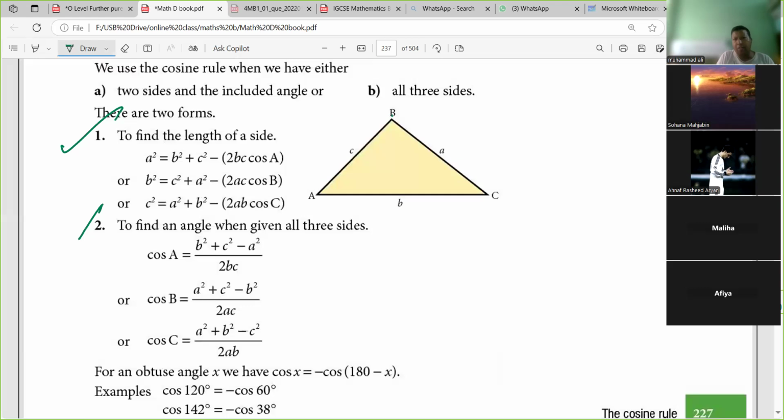Angle A is opposite side A, angle B is opposite side B, angle C is opposite side C. Think here, if you have two sides, and between the two sides you have one angle, then you can use the cosine rule.